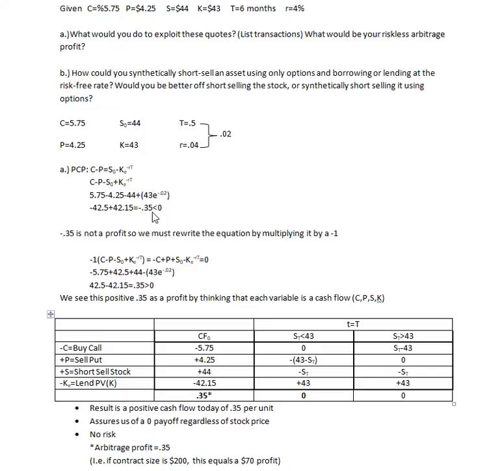Well, negative 0.35 is less than 0, and we cannot have a profit of negative 0.35. So we must rewrite the equation by multiplying it by a negative 1. And as you can see, we have positive 42.5 minus 42.15, which equals a positive 0.35.